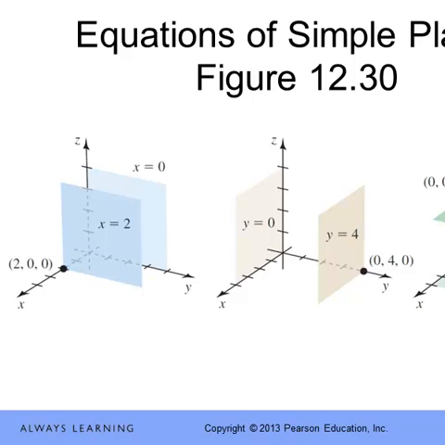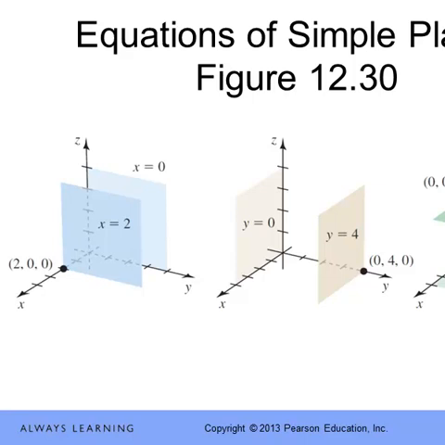Like x equals 2 is going to be a plane that's parallel with the yz plane, but 2 units out in the positive x direction. Or here's y equals 4. It's a plane that is parallel with the xz plane. Or z equals 3 is a plane that's parallel with the xy plane, for example.